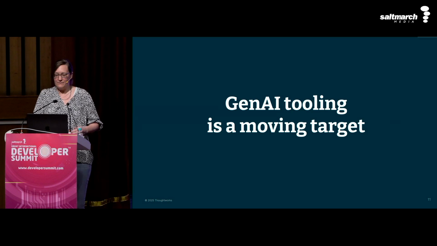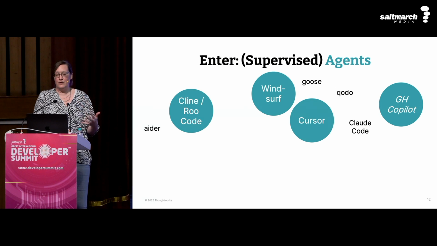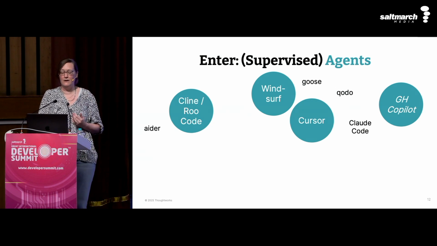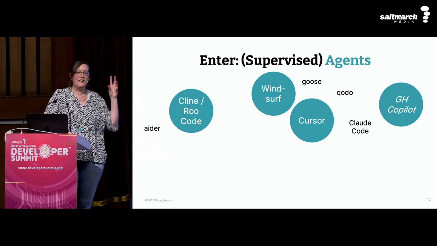And one of the biggest step changes that has happened over the last few months, that maybe changes that whole heuristic again, is the entrance of agents or agentic modes in the coding assistants. And I put supervised in brackets here.